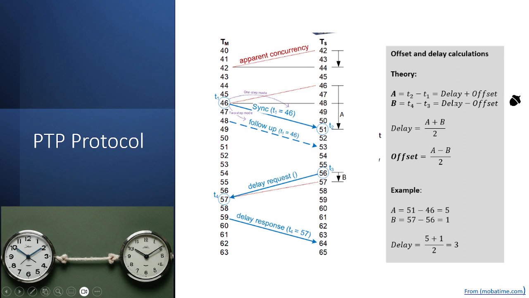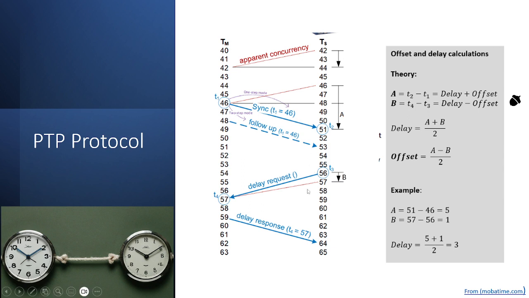But keep in mind that T2 minus T1 contains 2 values. One is the delay, which is how long it took, and the second is the offset, which is how much these 2 clocks are misaligned with each other. Because there's always a misalignment when you start with synchronization, you have to assume that the clocks are misaligned to begin with, so you have to factor that in. So the first variable A is delay plus offset.